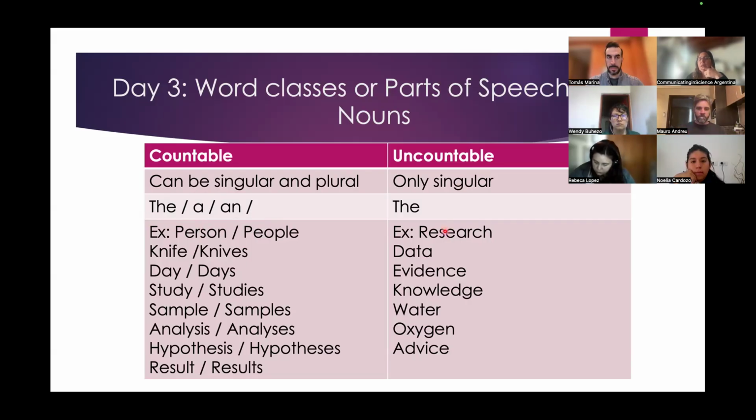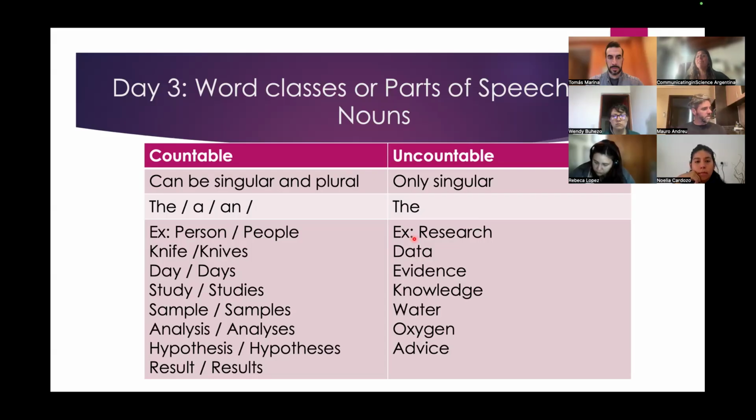They don't have a plural form. And you can only use the with those. Yeah? Because you cannot say una. You cannot say a research. You can say a research project. But the main noun there is project, not research.